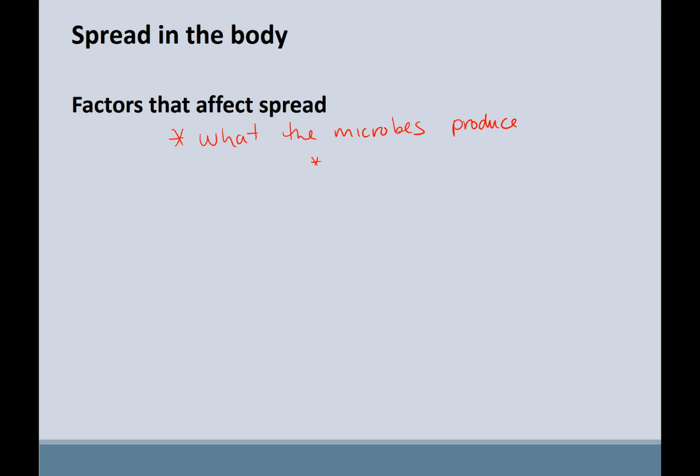So we talked a little bit about virulence factors, okay, things that make it more pathogenic. Some bacteria will produce toxins that help them destroy cells and go into deeper tissues. Maybe they express pili that help them stick somewhere. So the virulence factors, what the microbes produce, can determine how they spread.